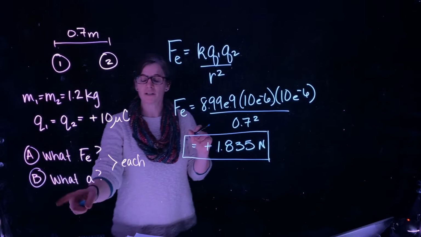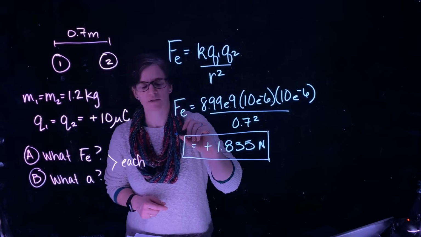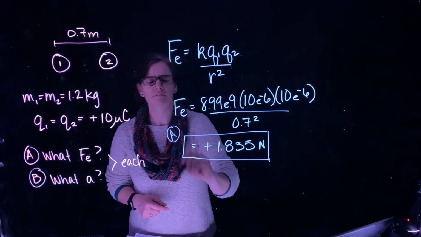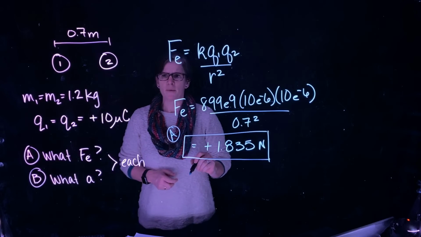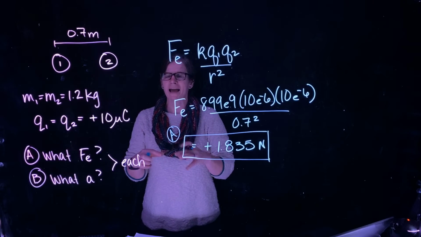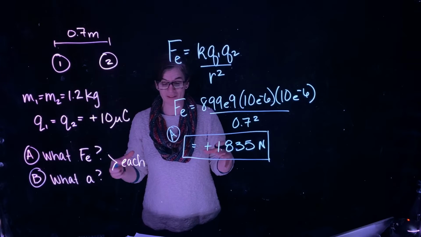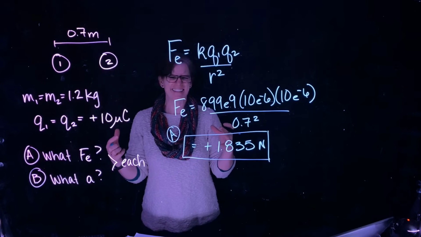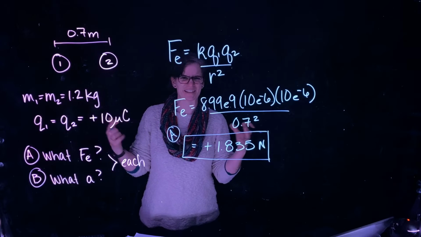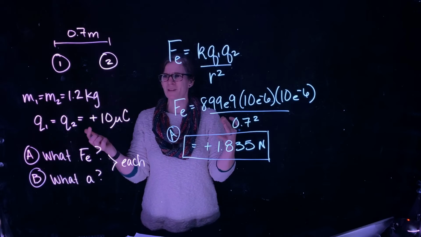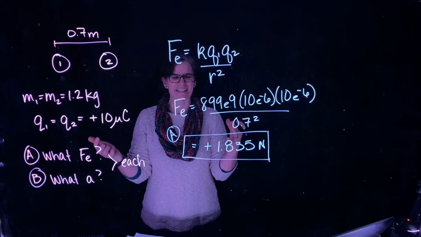Now I want to determine what's the acceleration. So this is part B. All right, well, these two objects are acting on a horizontal surface. So we're only going to worry about the horizontal forces. And the electric force is the only horizontal force acting on them. So that's the only one we need to worry about.